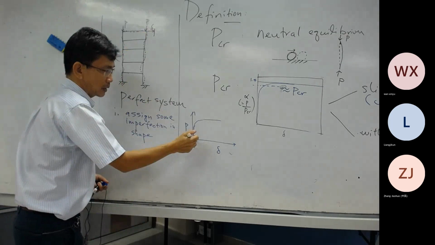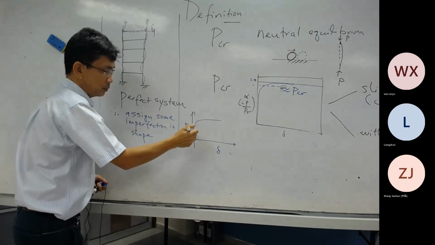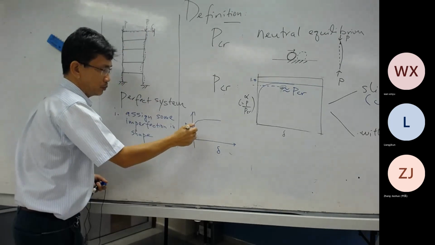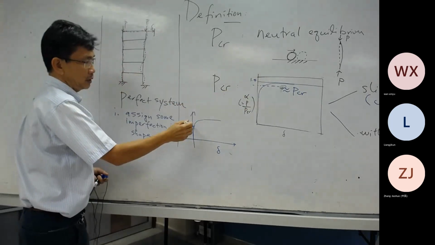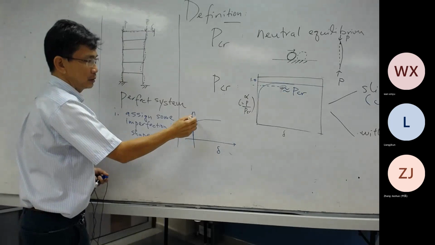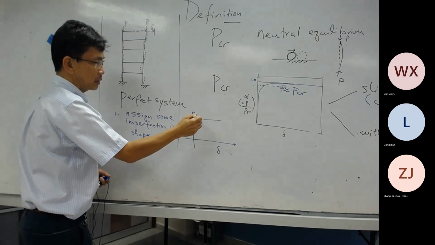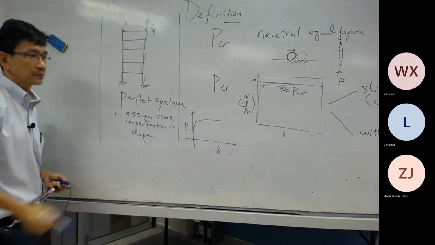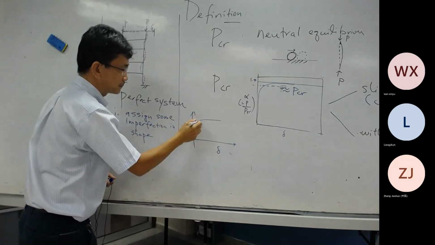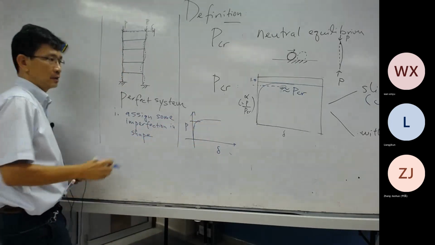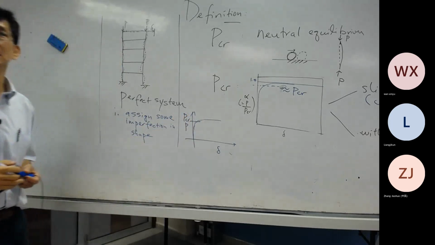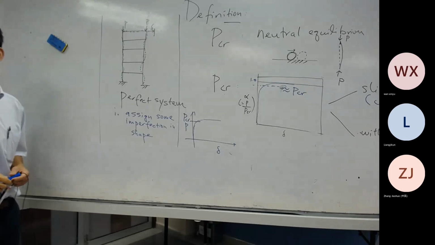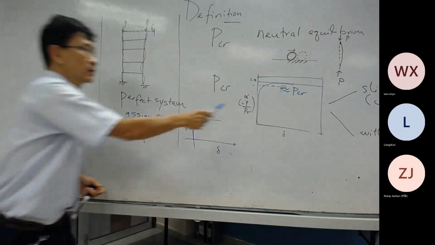Then if you plot this result, when the P is small, this delta is going to be small, just like the behavior here. But when the P is increasing more and more, suddenly at a certain stage, you can see delta increasing more and more. So we can set this as our estimation of P critical. This is what we can learn from here.